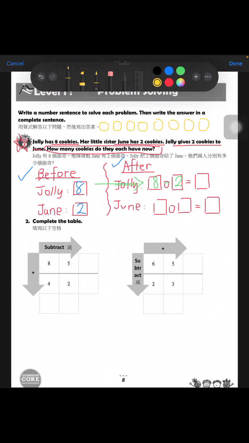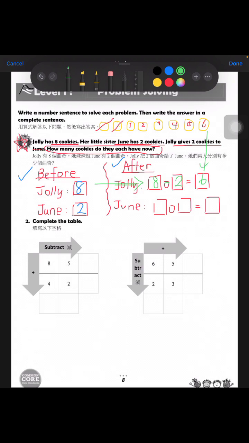She gives 2 cookies to her sister, minus 2. So we cross out 2 cookies. 1, 2. So how many cookies does she have now? 1, 2, 3, 4, 5, 6. Yes, she now has 6 cookies.